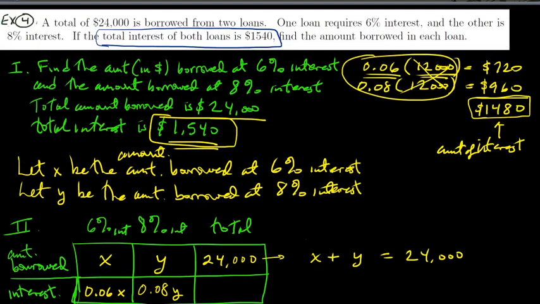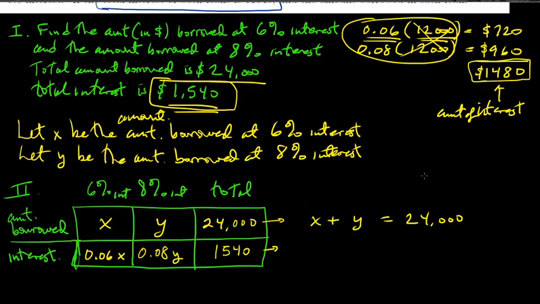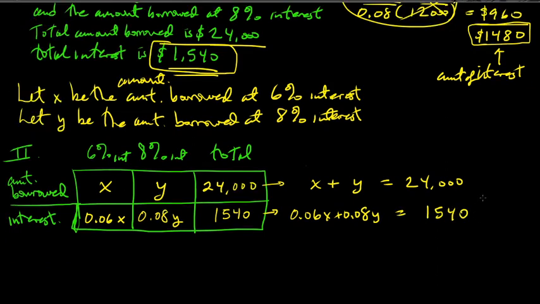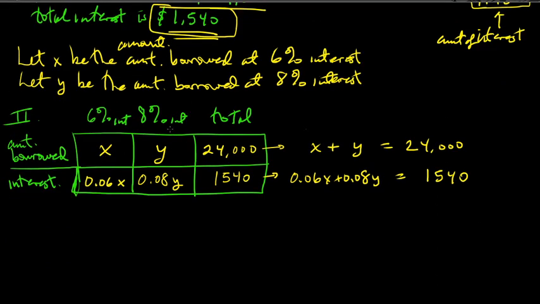So that goes in the last column. And so now we add them up, 0.06 times x plus 0.08 times y has to be 1,540. Okay. So this is our system, 2 equations, 2 variables.